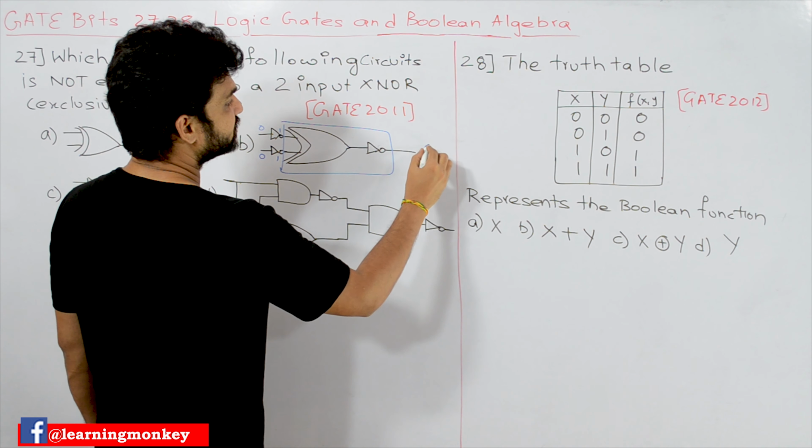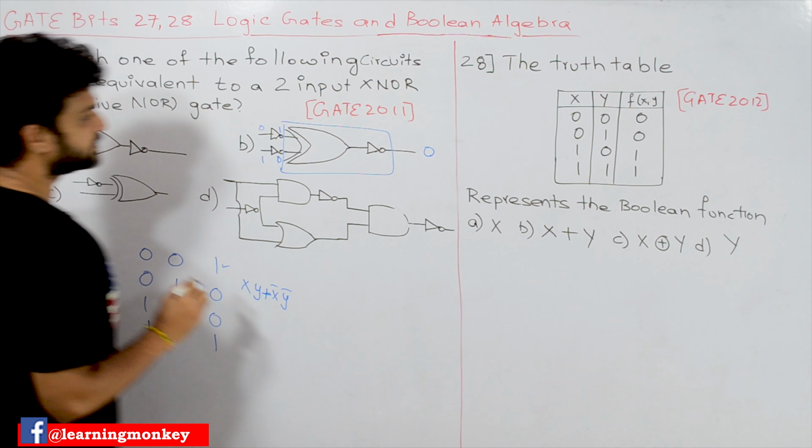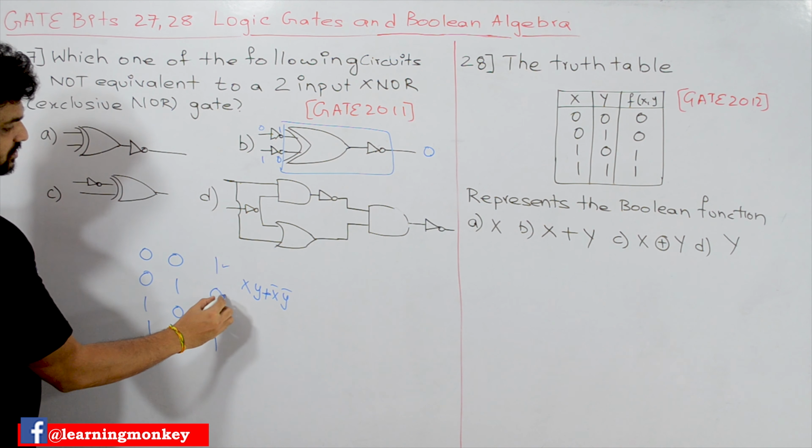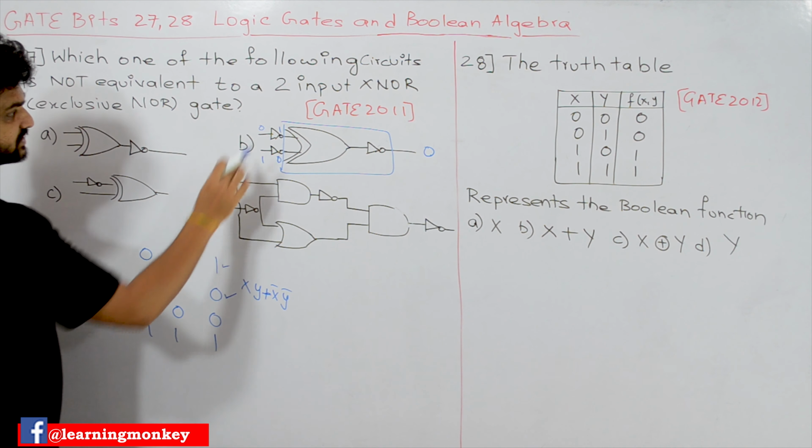For example, if you take 0 1, it is going to become 1 0, and for 1 0 the XNOR gate is going to produce an output of 0. For 0 1 the output is 0. Similarly, if we take 1 0, it is complemented to 0 1, and for 0 1 the XNOR gate is going to produce an output of 0.